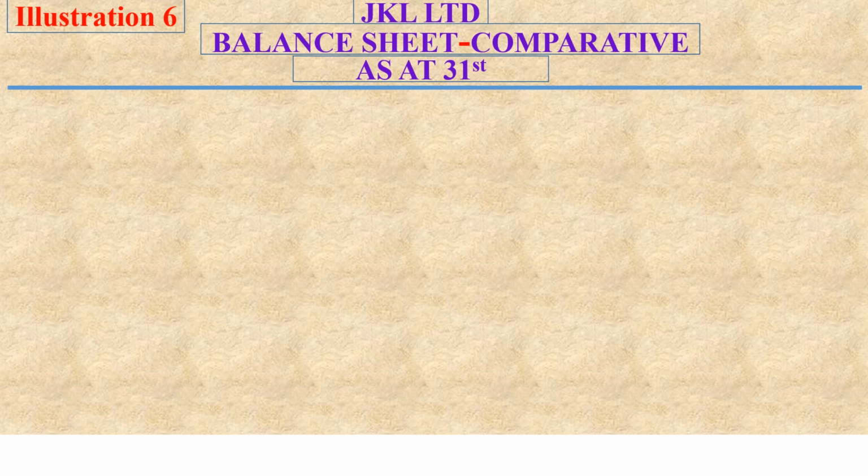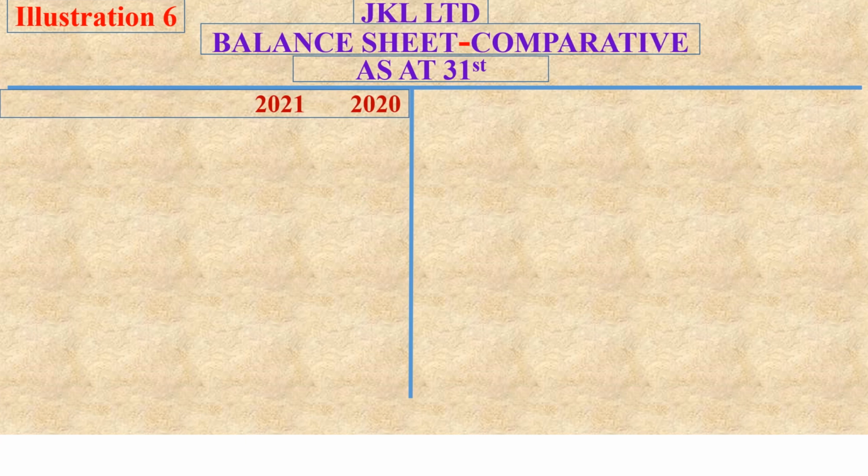Now in this case, the recording is still like that of a non-comparative perspective, only that this time around we need to indicate 2 columns or n number of columns to represent the number of years that we are comparing the information thereof. So in our case here, we are considering 2 years.